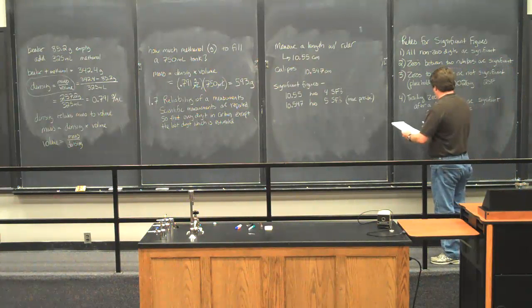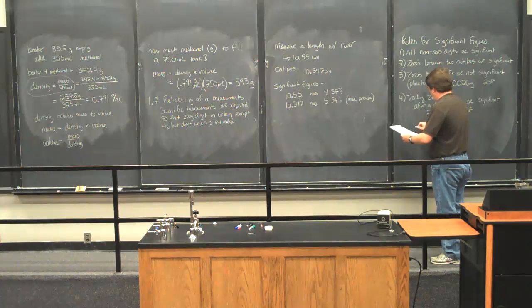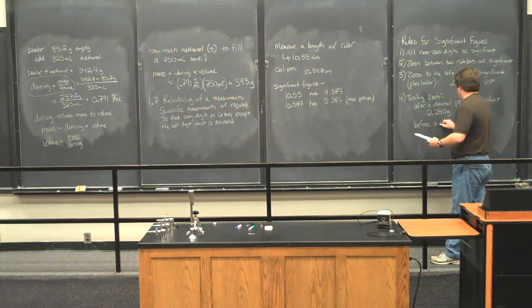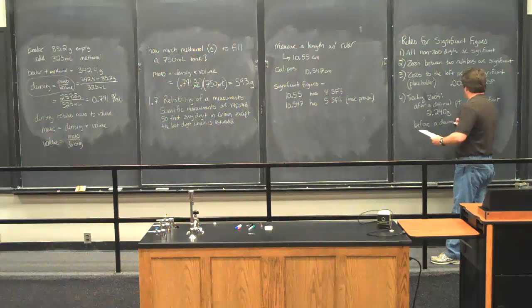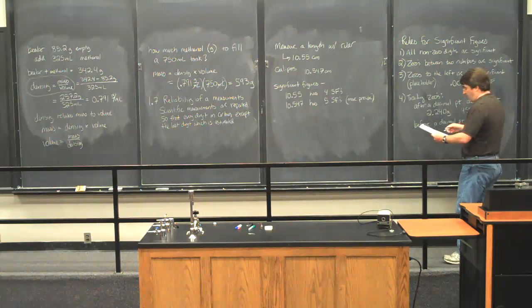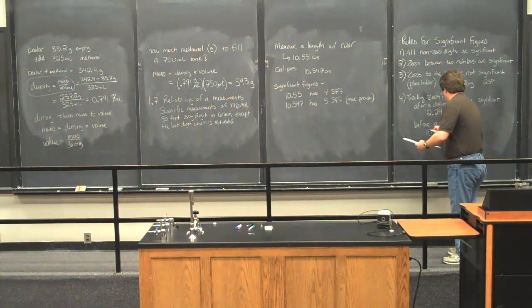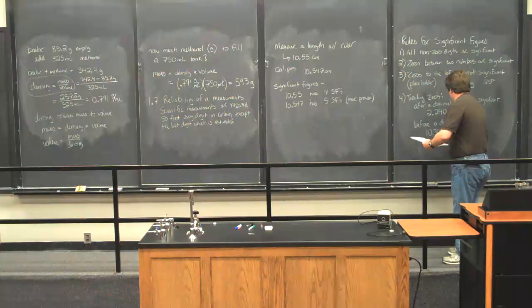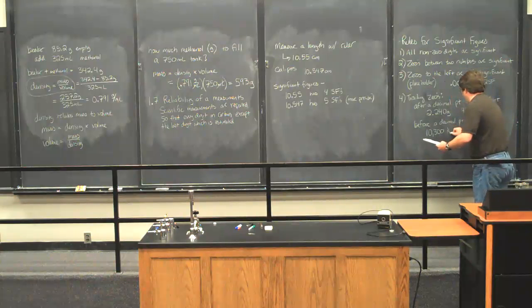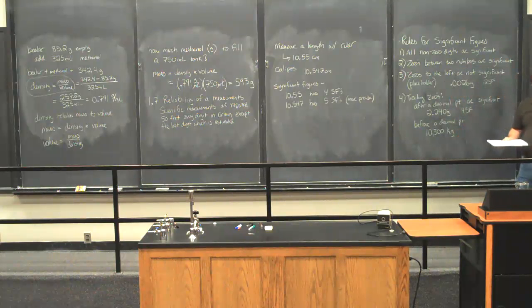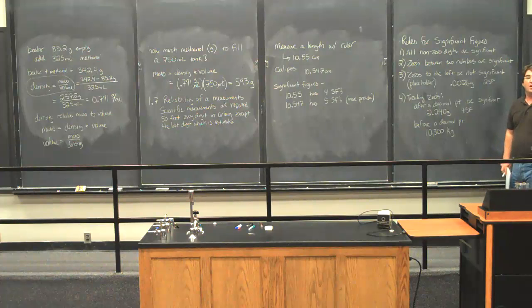But if I had, say, zeros before a decimal, they may or may not be placeholders. Let's say I measured something very large, and it had a mass of 10,300 kilograms. Well, how do I know how precise that measurement is?